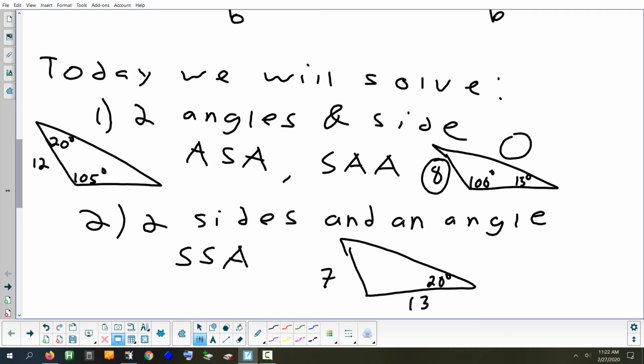You know two sides and you know an angle, but it's very important that it's not the angle between the two sides. That would be SAS. If I gave you this angle right here, you can't do that problem with what I'm teaching you today. So if they give you two sides and an angle, it has to be the angle that's not where the sides meet.